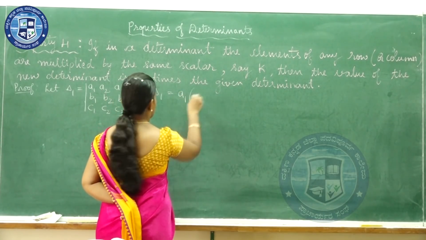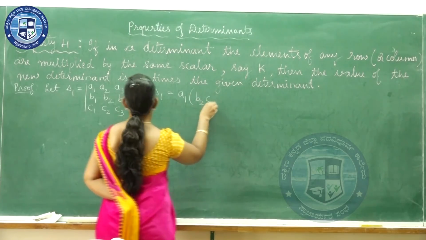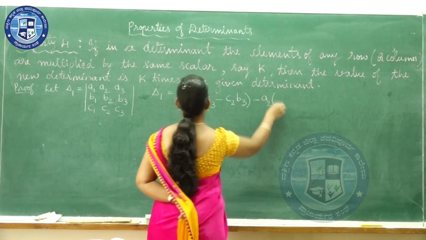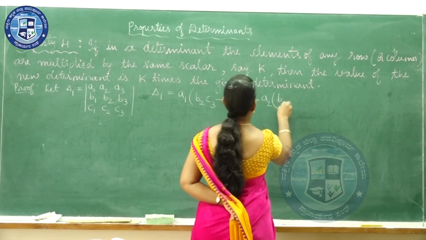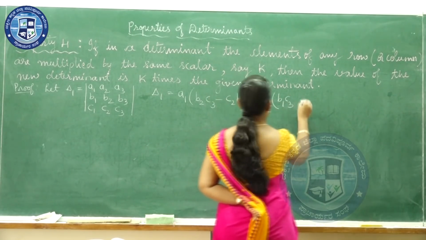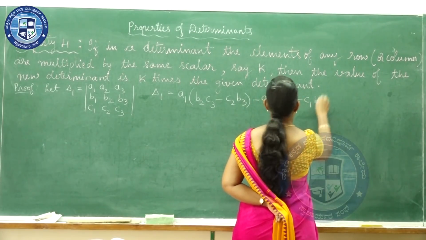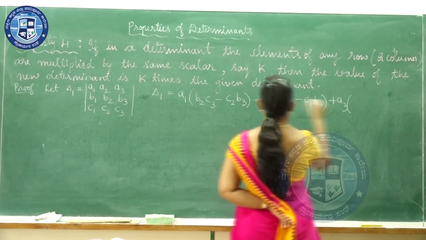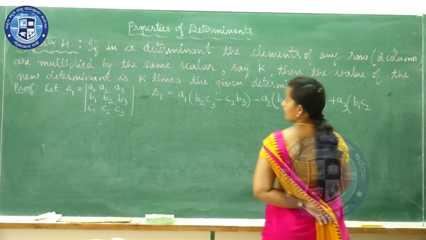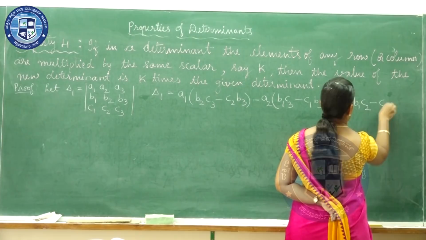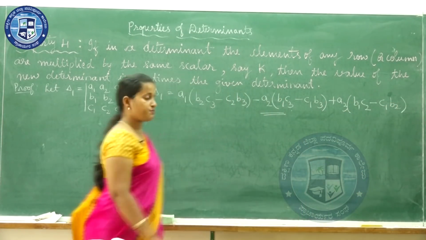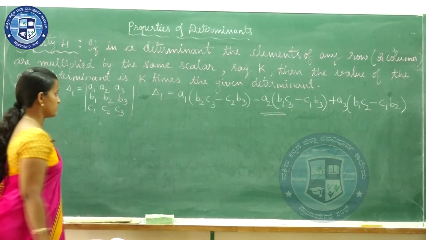A1 into, we have done this many times, B2 C3 minus C2 B3 minus A2 into B1 C3 minus C1 B3 plus A3 into B1 C2 minus C1 B2. Let me keep this as it is. I will not simplify.